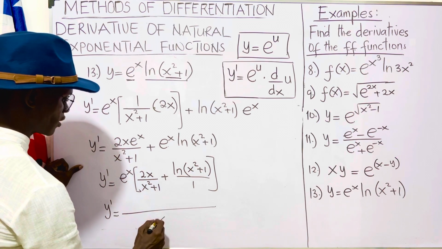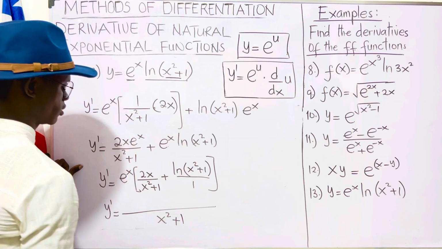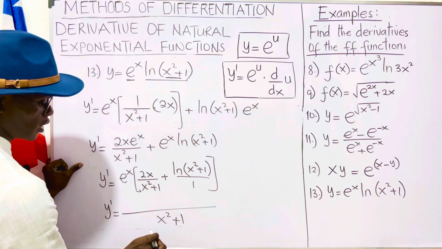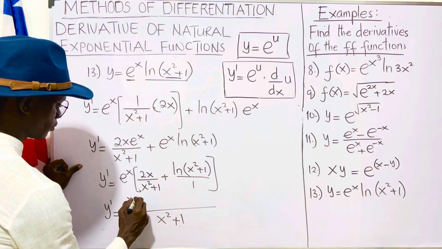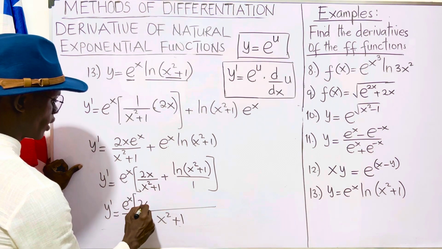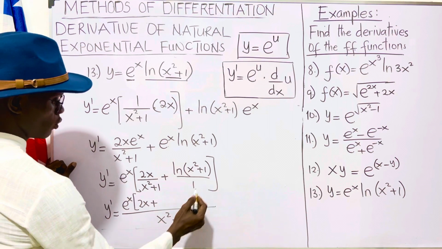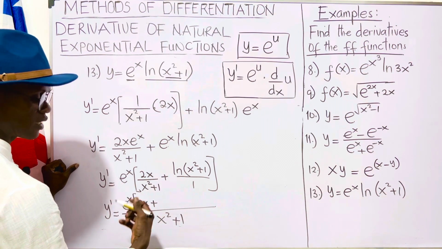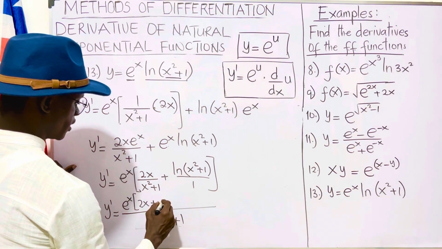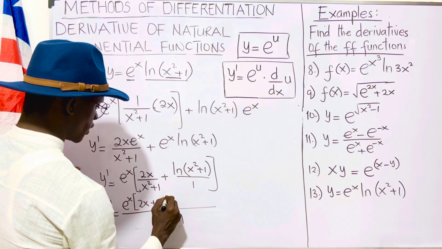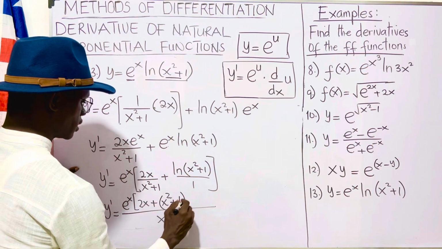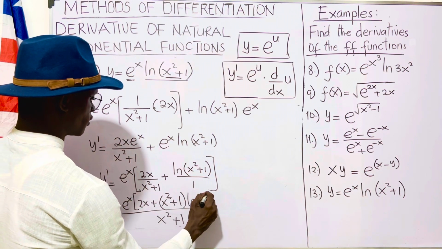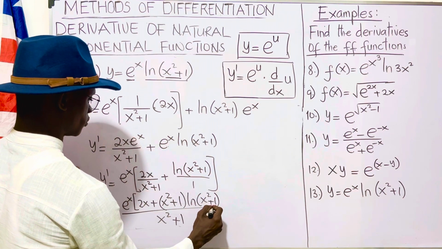We'll just have x squared plus 1, and then this goes into this one is just 1 times 2x is 2x, so it's e to the power x times 2x plus 1 goes into x squared plus 1 is x squared plus 1 times this numerator, so it's x squared plus 1 times ln of x squared plus 1.